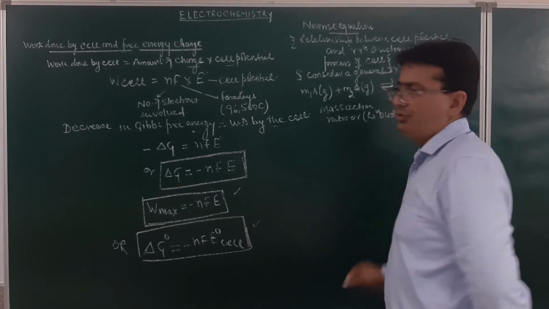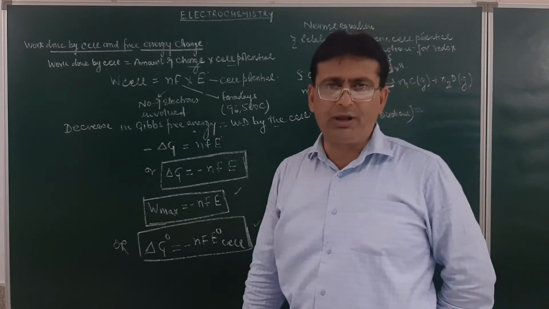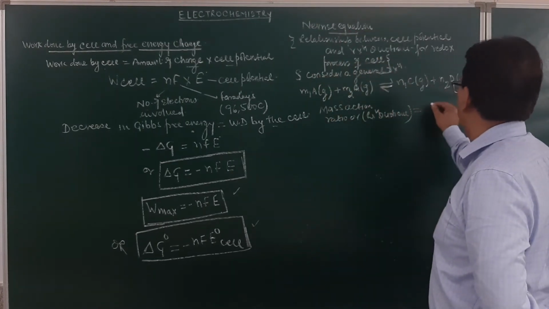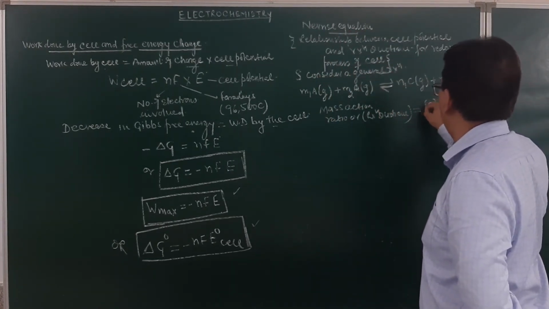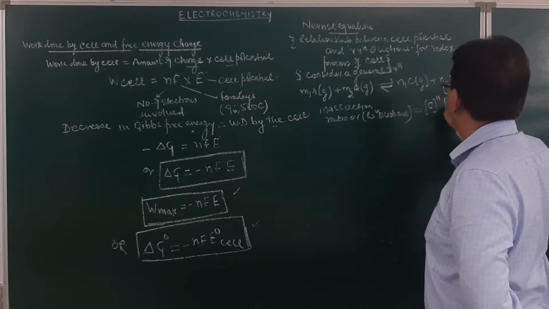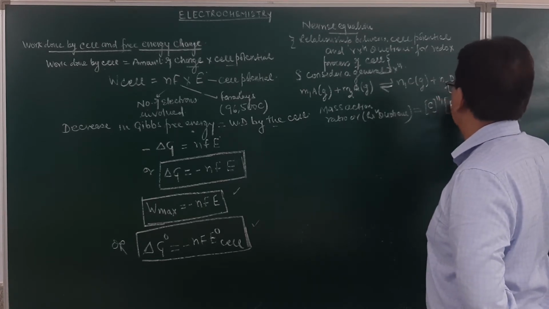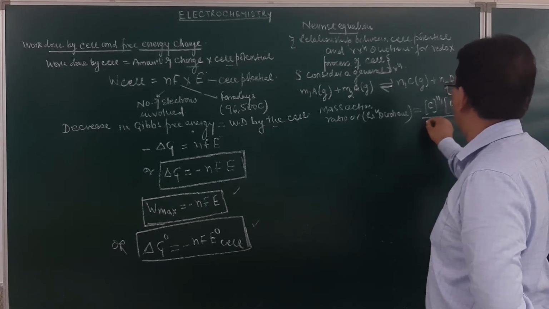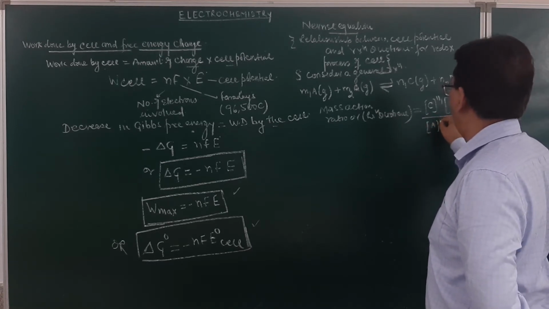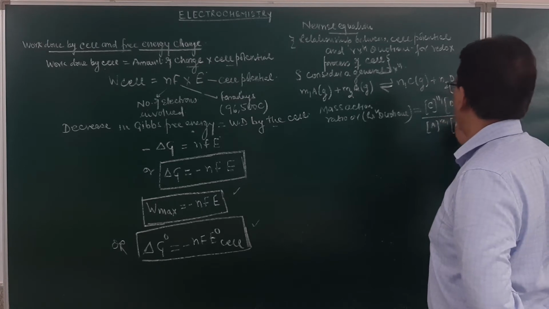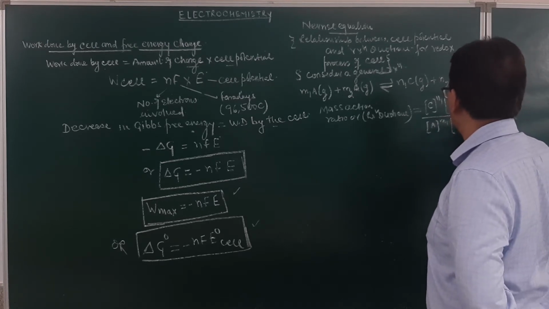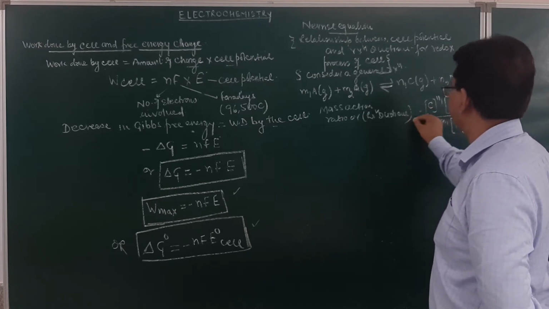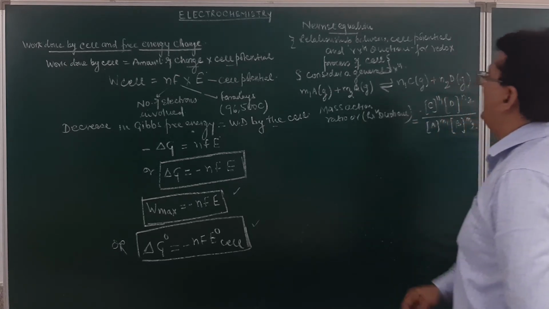This will be equal to the product of active mass of the products, that is C raised to the power N1 into D raised to the power N2, upon A raised to the power M1 into B raised to the power M2. Am I clear? What we are trying to do?